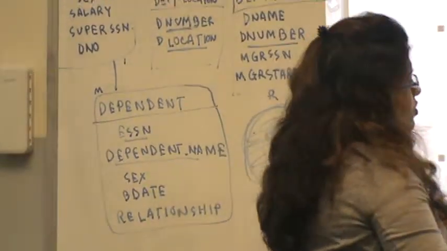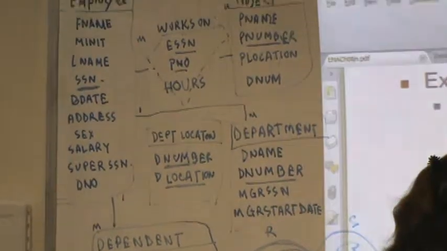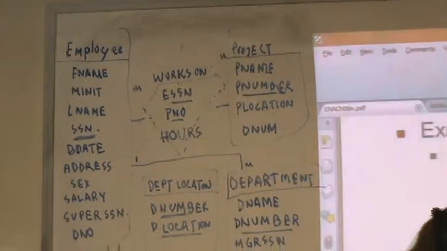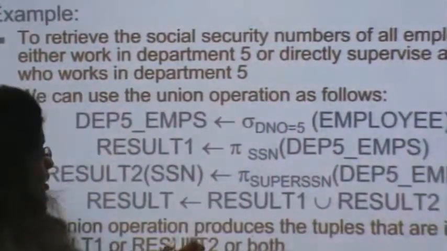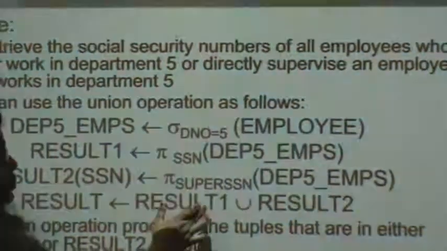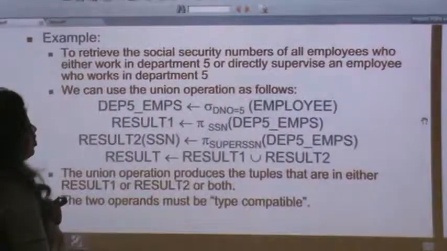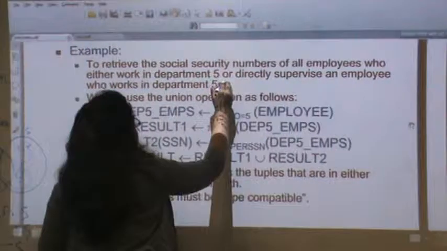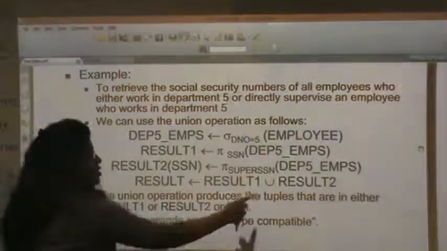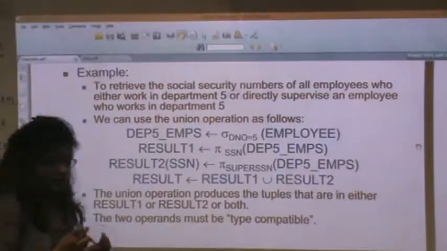So I'm projecting super SSN from that result, and then if I union both of the results, it basically means the OR. These OR things actually mean this union.